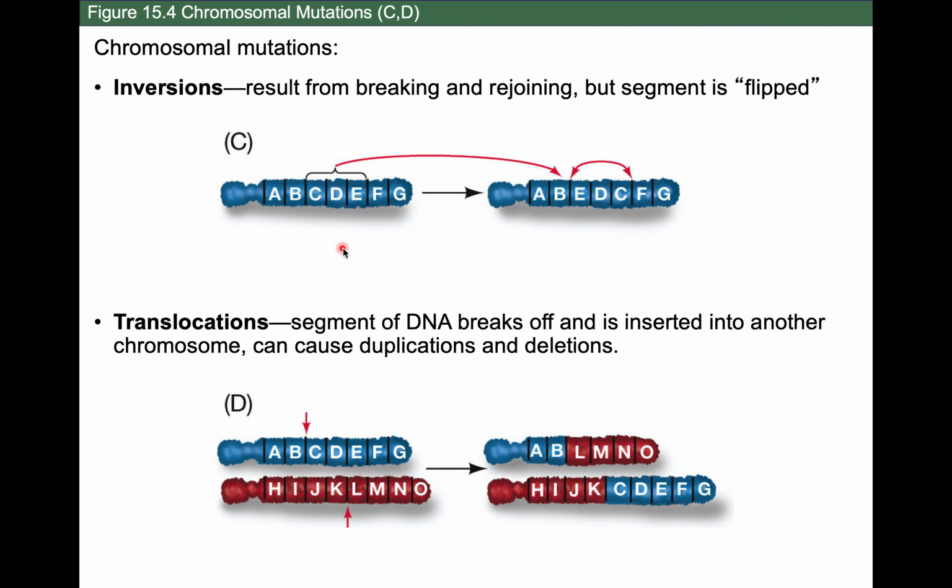Sometimes you can get some of these mistakes happening, or exposure to high energy radiation in some cases can cause breaks in your DNA. And then in the process of the cell trying to fix those breaks, we could end up in some of these situations. All right, I'm going to stop there and we'll pick this up in part 2.